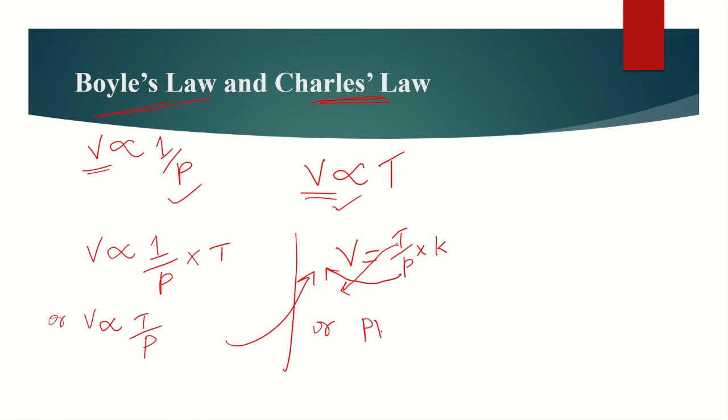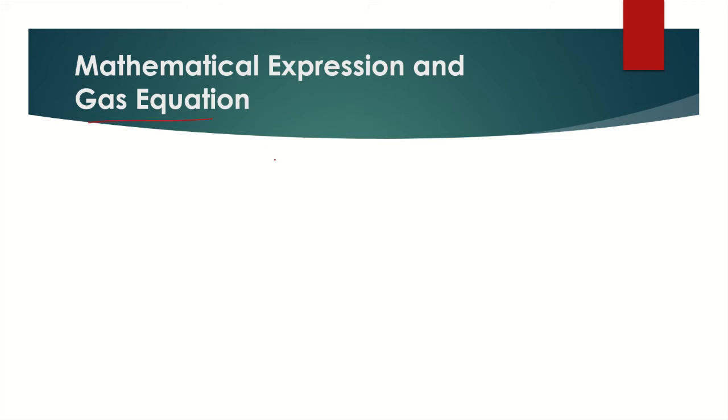So we will get PV divided by T is equal to the constant K. So this is our formula that we get when we combine Boyle's law and Charles' law. So in our previous lesson, we obtained the formula, and that is PV by T is equal to K.